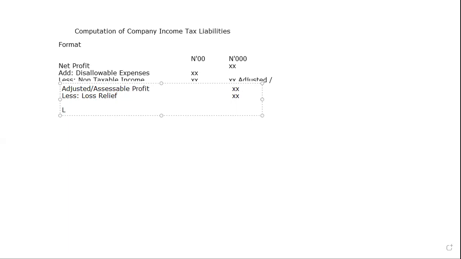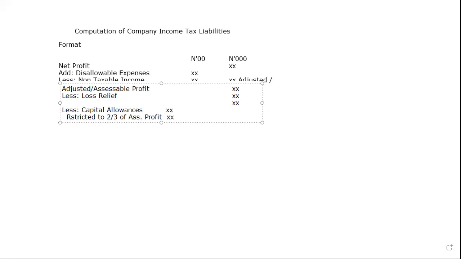Then less capital allowances, restricted to a third of assessable profit. I've explained that.